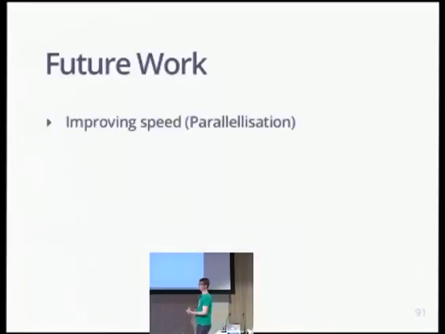For example, improving speed, and I can optimize a bit more there, and something I definitely want to investigate is parallelization. So as you may know, the Ruby interpreter is single-threaded, so basically you cannot take advantage of multiple cores, which is a big disadvantage.